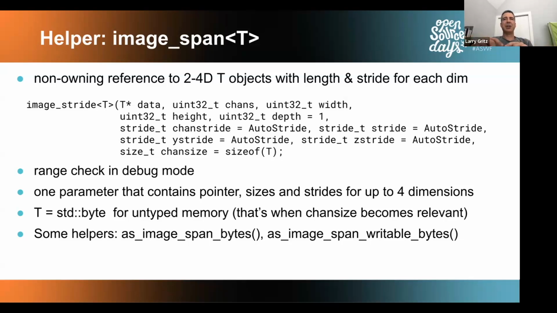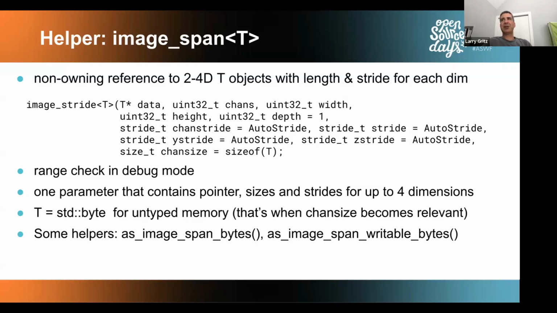Imagine that you have a full image that is contiguous, but you want to talk about a rectangle in the middle of it. If you think about the memory layout, it may still be contiguous in the X dimension, but when you step from one scan line to another, you have a non-contiguous stride, if you know what I mean. And so there's a way to specify that. These things are fully range checked in all dimensions in debug mode.